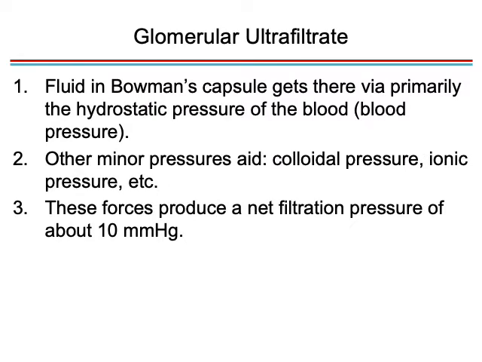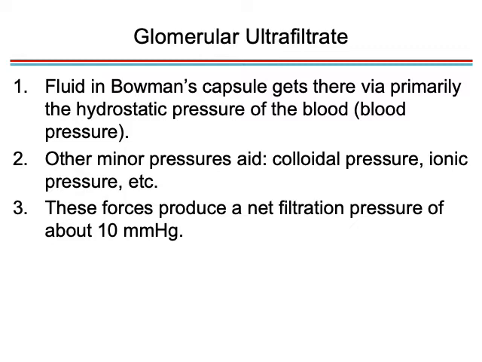Now, the filtrate and the amount of filtrate that gets through the glomerulus into Bowman's capsule is highly dependent upon blood pressure, or, kidney physiologists don't say blood pressure because they're worried about hydrostatic pressure of the blood. Yeah, it's the same thing.